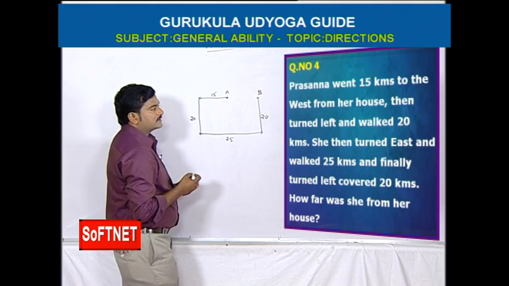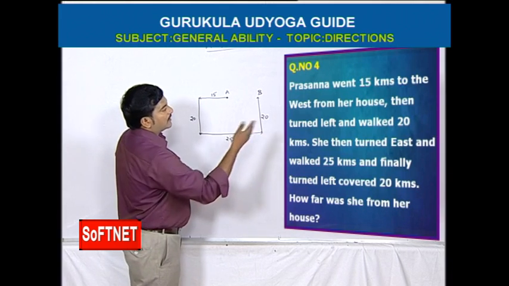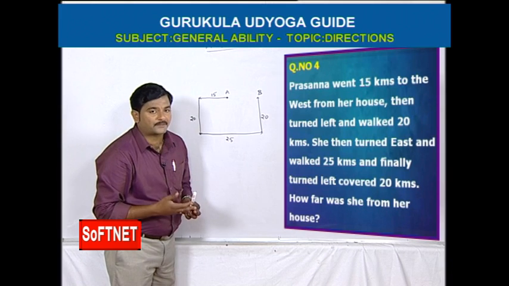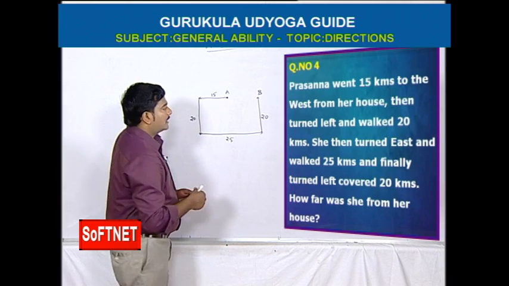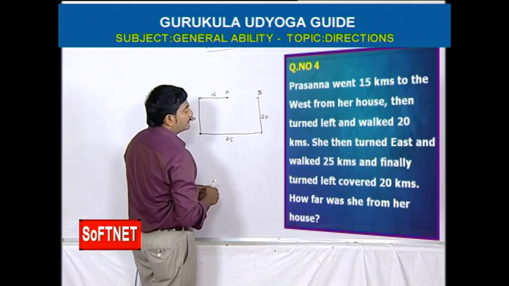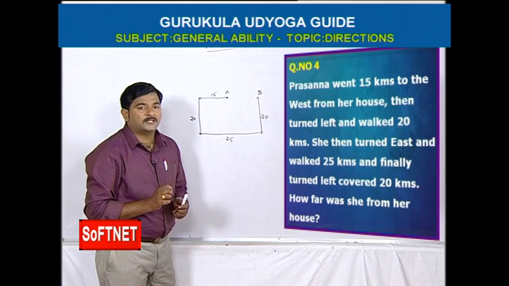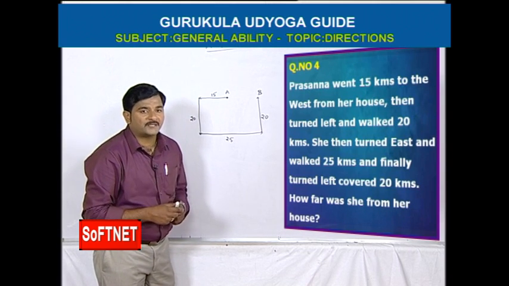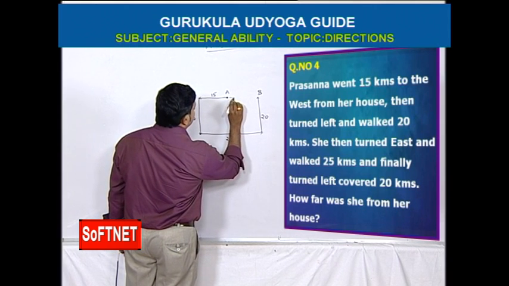What is the given question? How far was she from her house? How far was she from her house? She asked how far she is from her house. When it is asked like that, you should not add 15, 20, 25, 20 and all. You should not add all these values. Just now I told you, you have to take the shortest distance between the given two points. For example, A is the starting point and B is the final point.